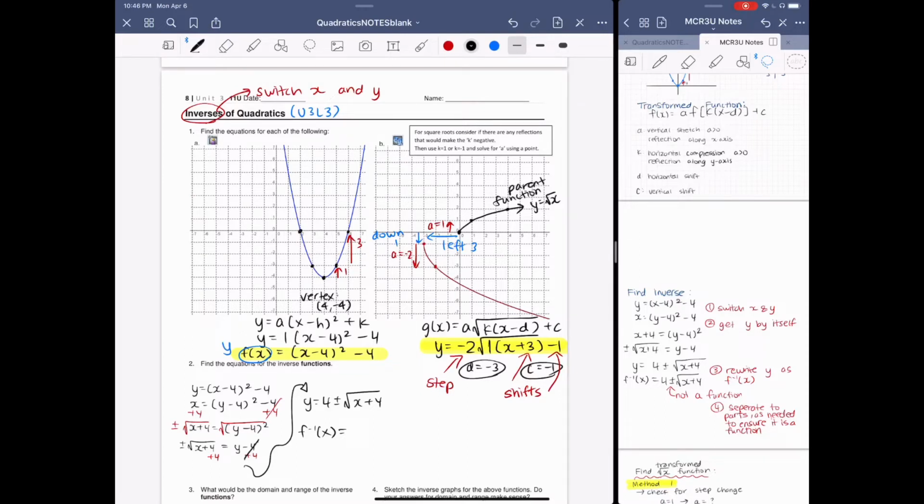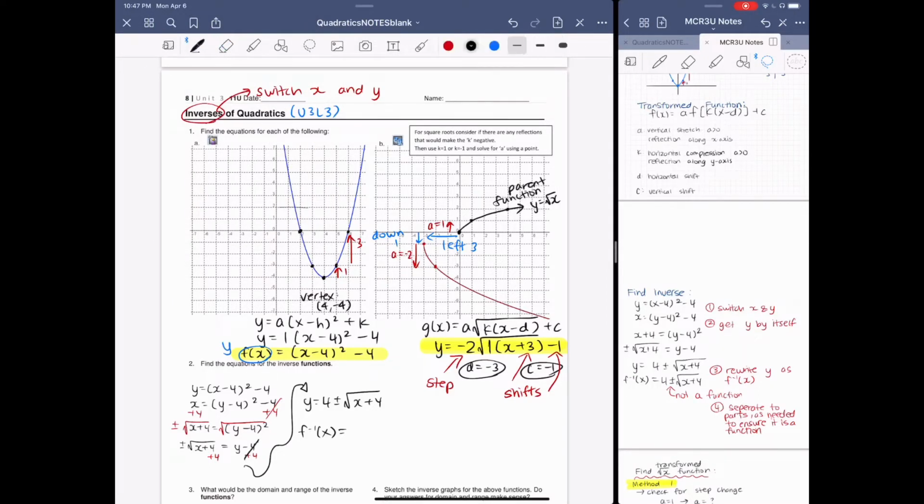If you leave it like that, it does not pass the vertical line test. Because remember, this quadratic, this original function, when it is put into the inverse form, it's going to look like this as a rough sketch, which does not pass the vertical line test. Okay, so we'll do a more exact sketch later.